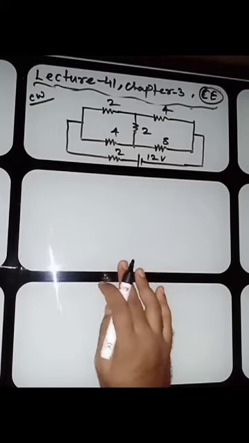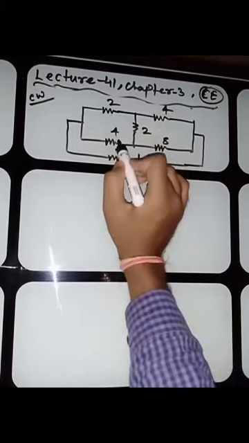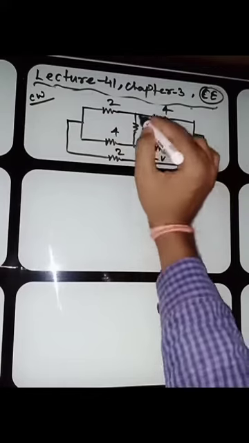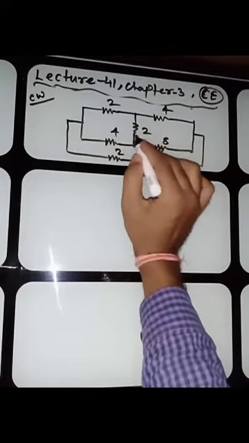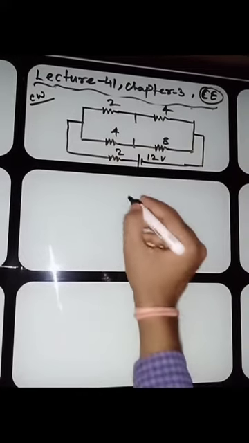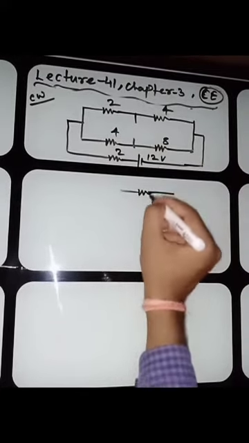So the answer is 2 by 4 and 4 by 8. It is 1 by 2, 1 by 2. Yes, sir. It is a balanced Wheatstone bridge. If it is balanced, no current will flow and this will be considered an open circuit. So you can remove this one from the circuit. Now you can see this is very easy. 2 and 4, 6 ohm.